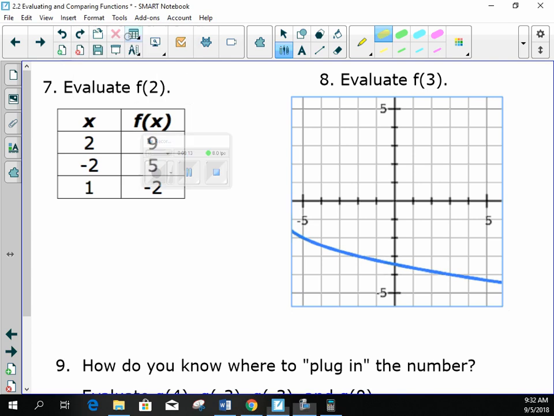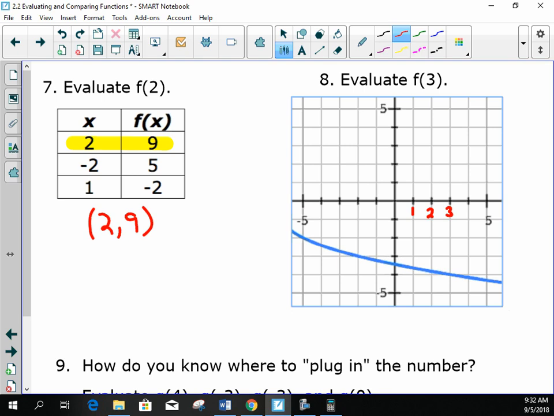Okay, we're back. Now, evaluate f of 2. Well, when they say f of 2, they mean this right here. That is the point 2, 9, all right? Here, they want you to evaluate f of 3. This is 1, this is 2, this is 3.